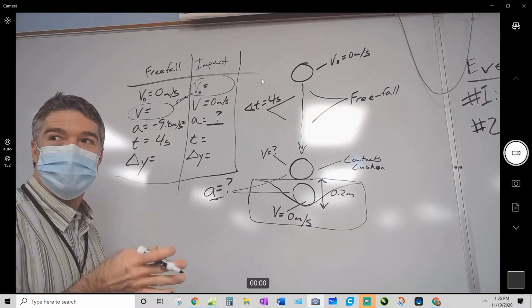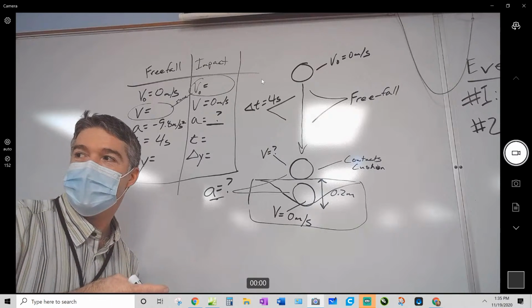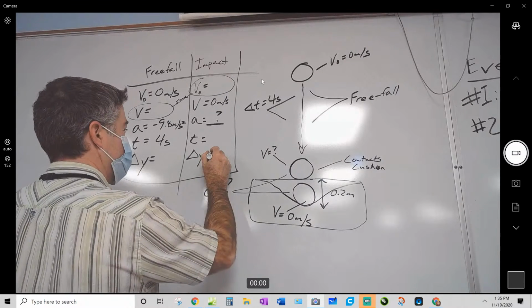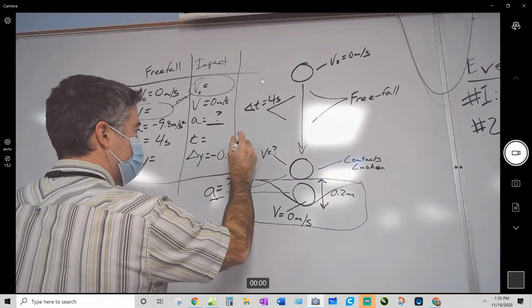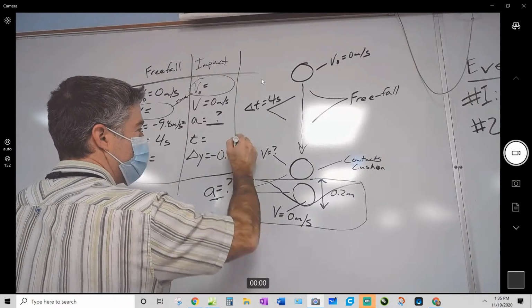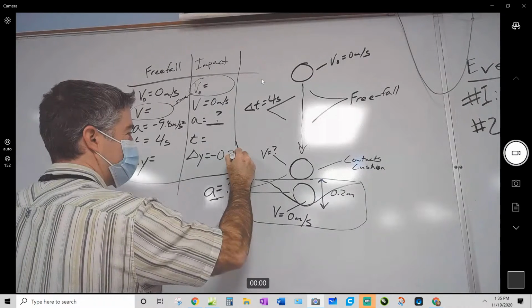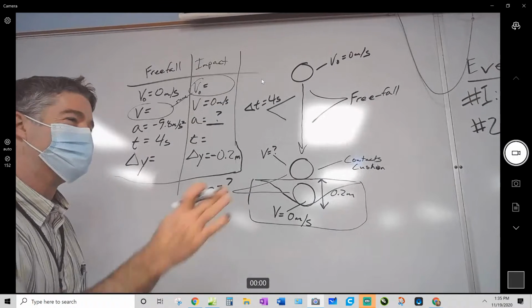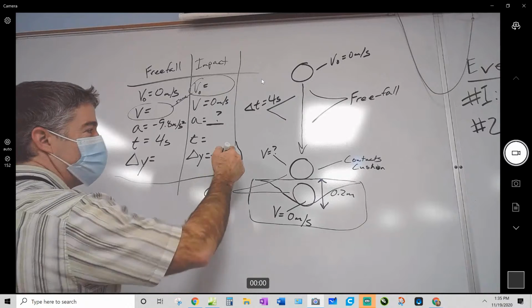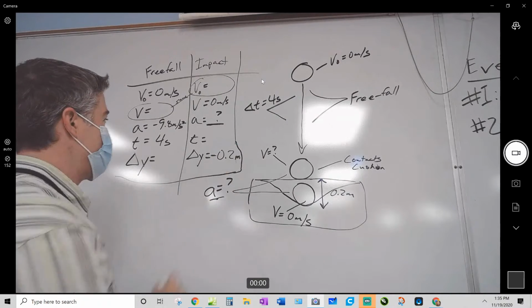The displacement, not the distance. Negative 0.2. And that's not going to be huge, but if you don't put the negative in there, it could cause you big problems. You get the wrong sign in the end, and you think, I'll just switch it, because I know it's supposed to be positive. But sometimes you can get the total wrong answer because of that.